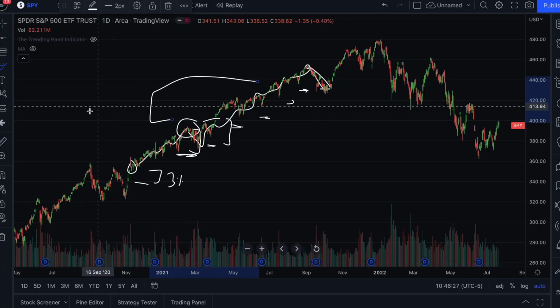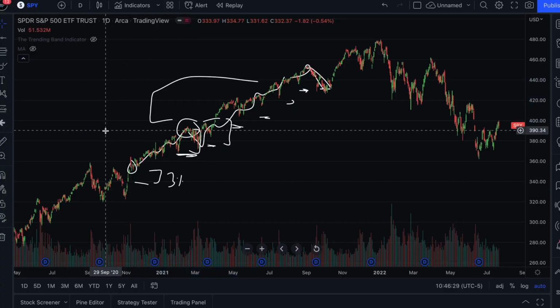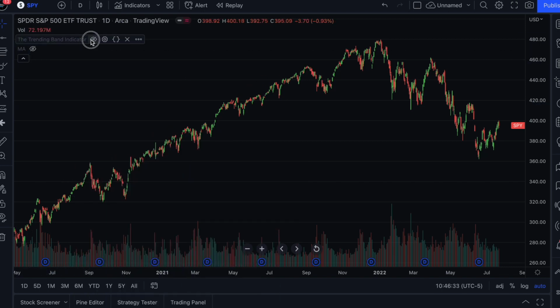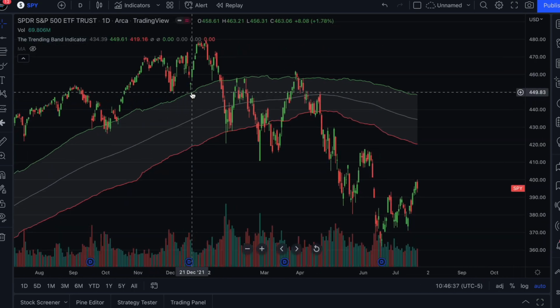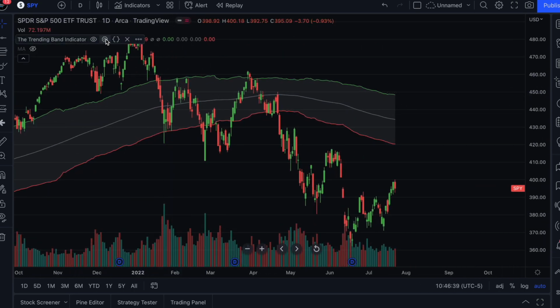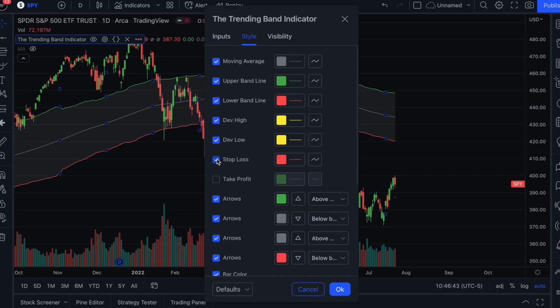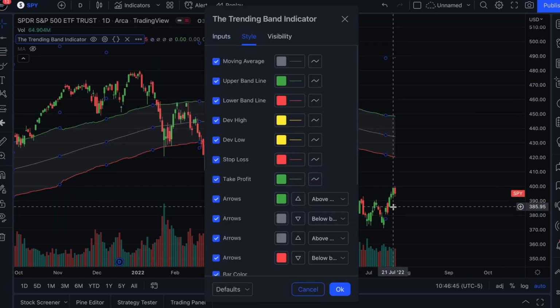I'll show you in an upcoming video how to install the trending band for yourself, so just stay tuned. You'll add the trending band to your chart, and you can come into the settings, because I have it ingrained here, go to style, and show your stop loss and your take profit goal, so you can see where it's supposed to be.